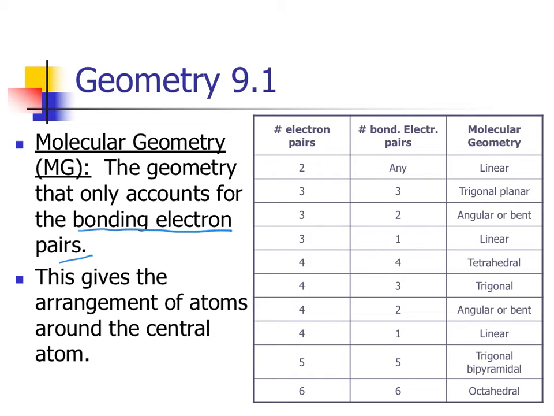The trigonal bipyramidal and the octahedral do break down further. Your book has a more extensive breakdown of them all.